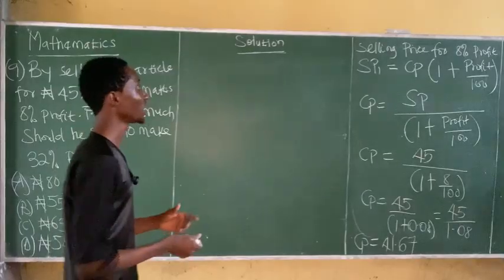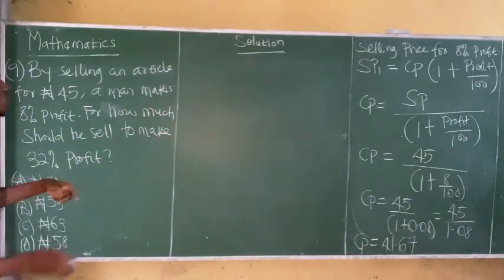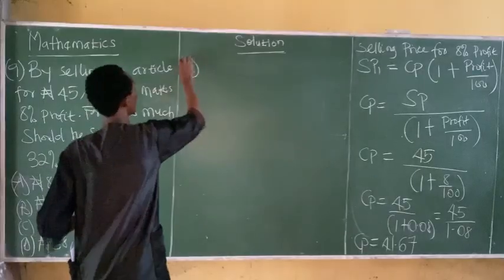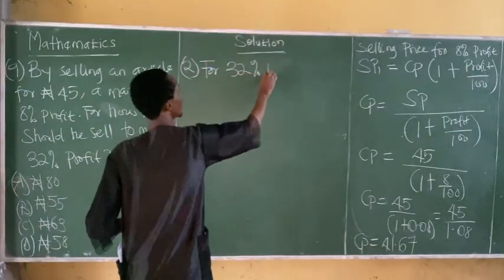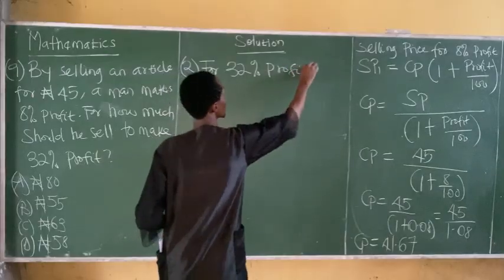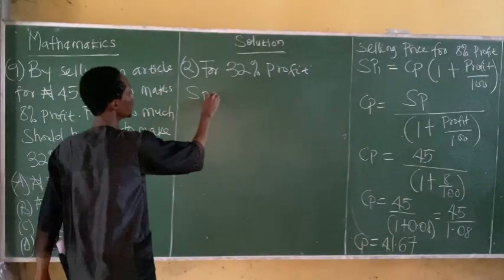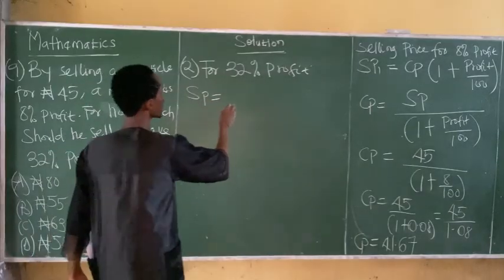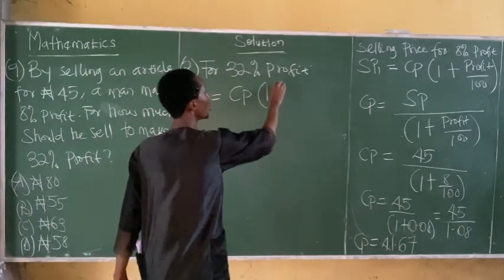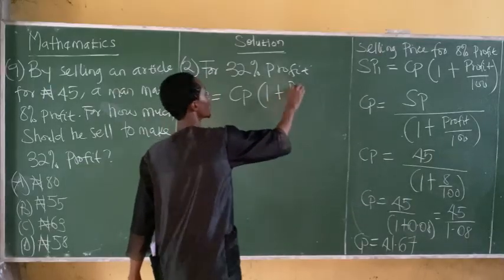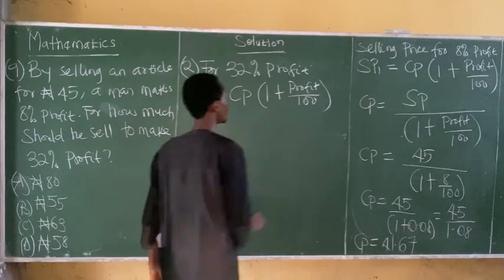Now let's find the selling price for 32% profit. So the second point here is for 32% profit. We have that SP is equal to CP into 1 plus profit over 100.